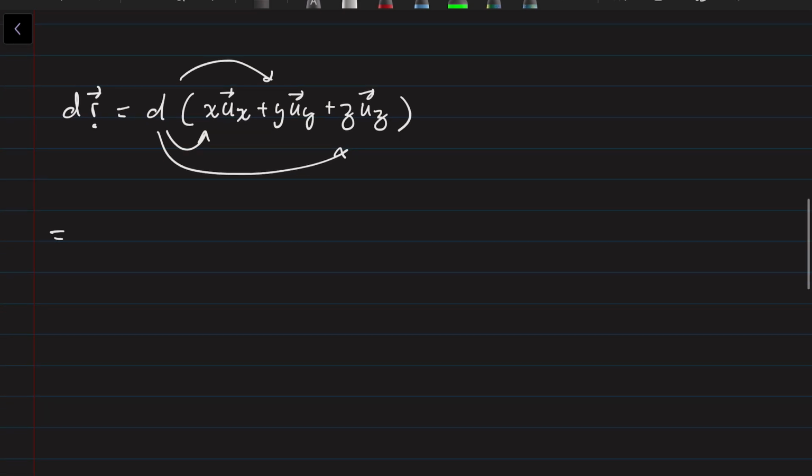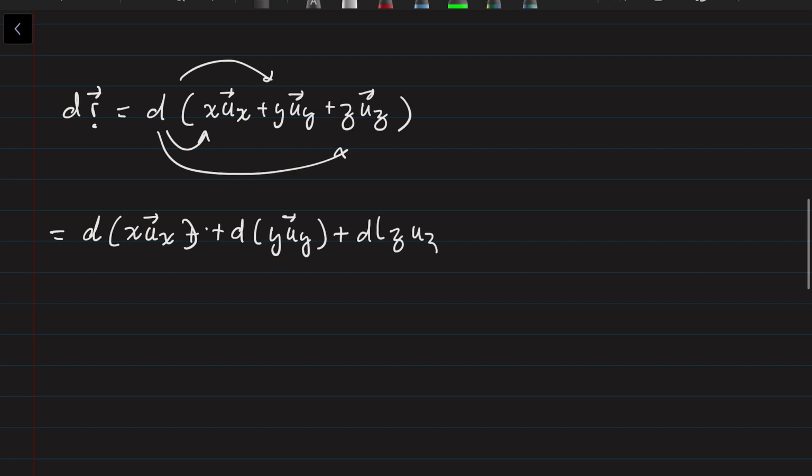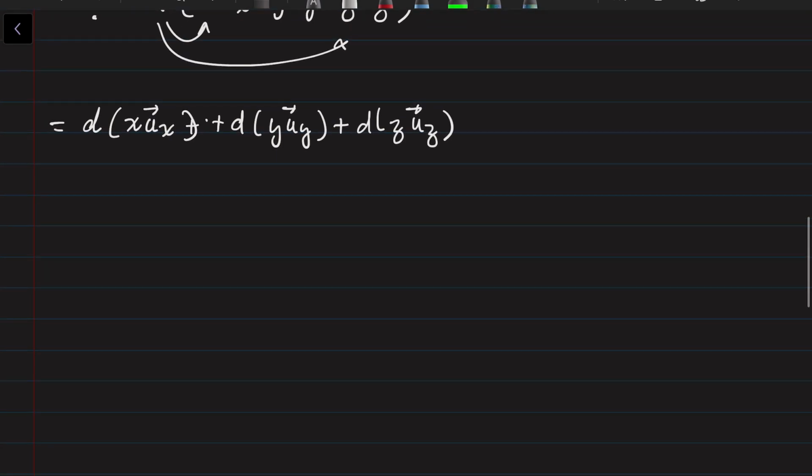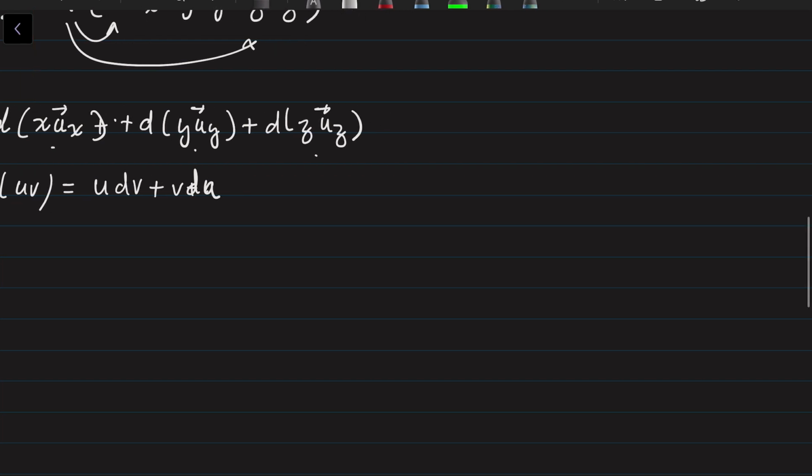So I can write this as d(x ux) + d(y uy) + d(z uz). The next thing we need to recall is the product rule for differentials: d(uv) = u dv + v du. I'm going to apply this to these three terms. So what's that going to give me?